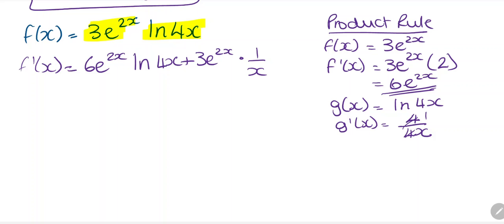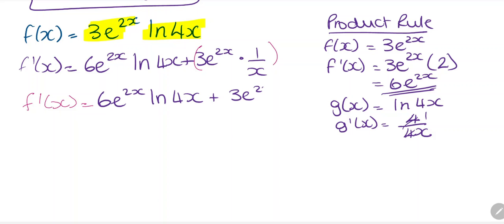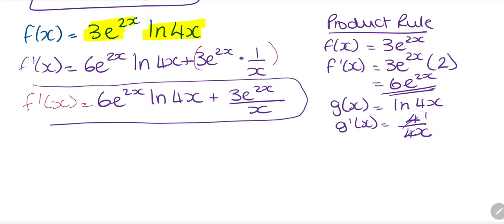Everything here is multiplied by 1, so that's just the same. So we have 6e to the 2x ln 4x plus 3e to the 2x divided by x. And this is our final answer.